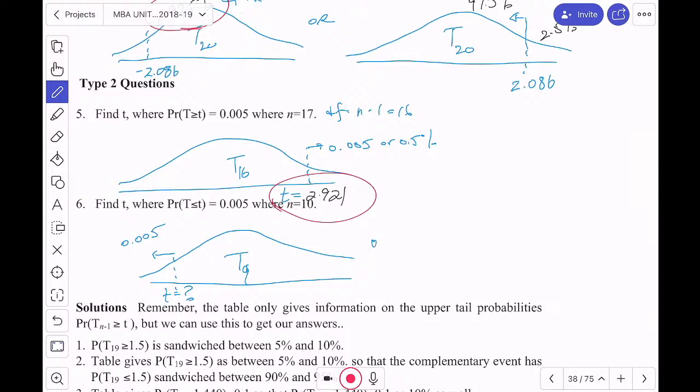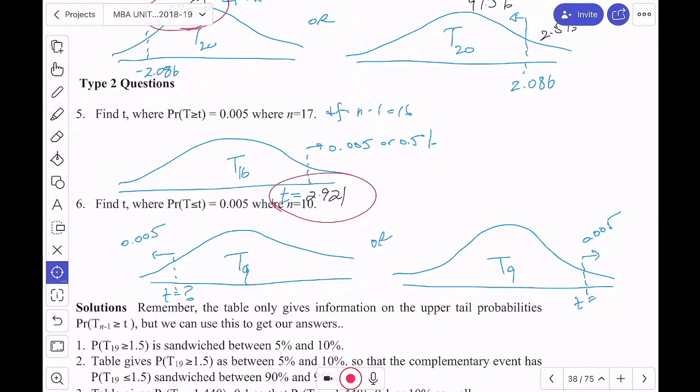Because the table only gives you the right side, you have to realize what you're getting. If you go to the upper tail and look for that number, you need the negative of it to answer the question.